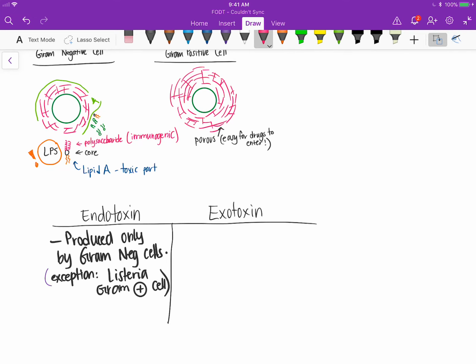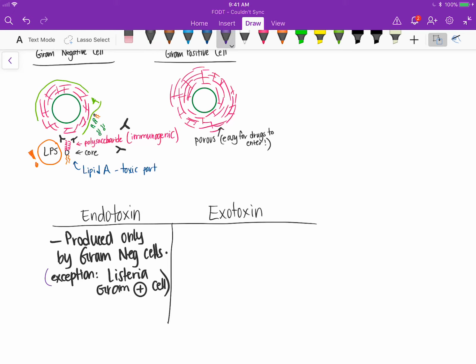So we know that our bodies cannot really fight endotoxin because our bodies produce antibodies that bind the polysaccharides. But polysaccharides are not causing the problem. The part of the toxin that's causing the problem is the lipid A, but the lipid A is not immunogenic.